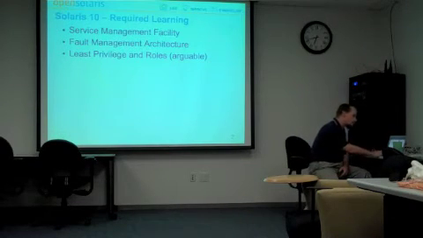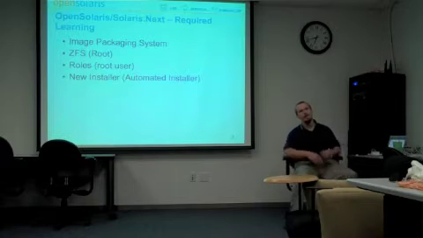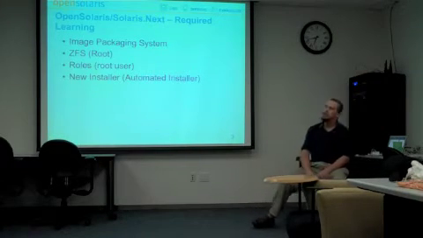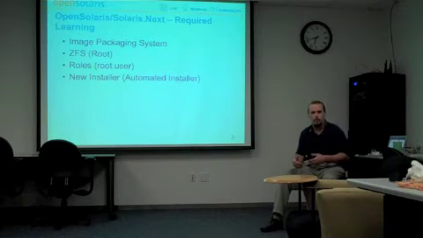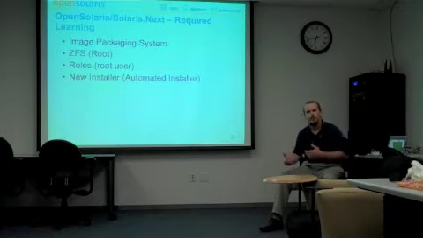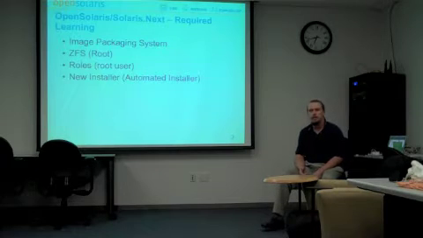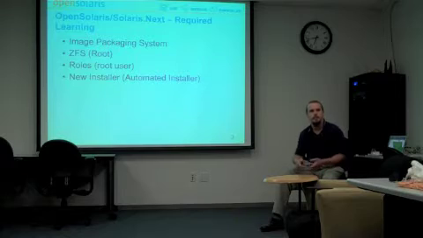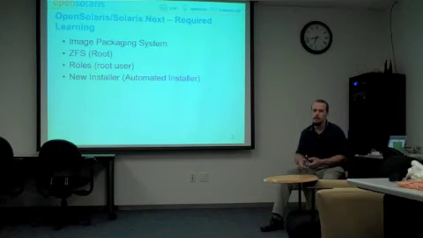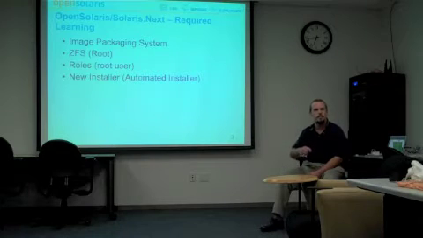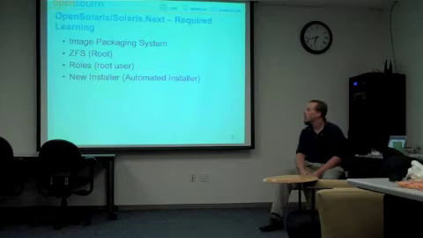Taking that over to what's coming in Solaris next, looking at Opensolaris today, what are the things we're going to have to learn for the next production release of Solaris? Well, we've heard about the image packaging system. This is the new way to deliver patches and packages. It's the update interface where you can select the different patches, download them from one of the repositories, and install them.